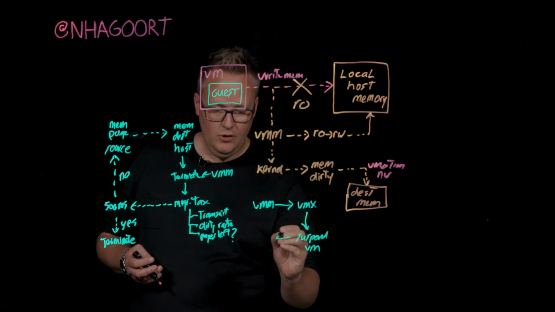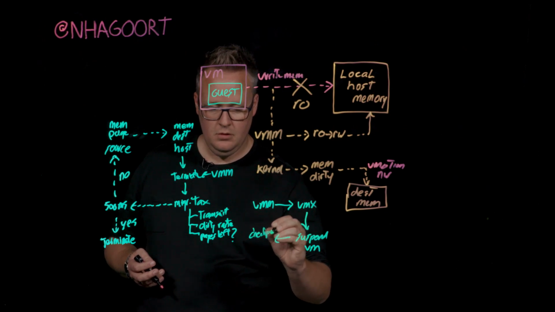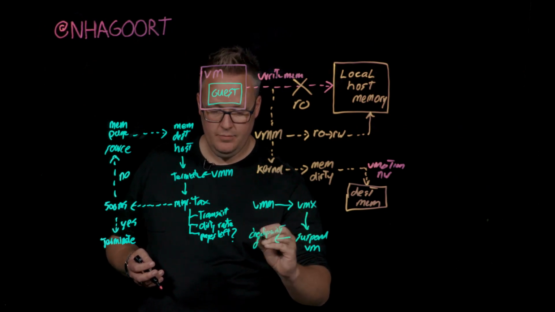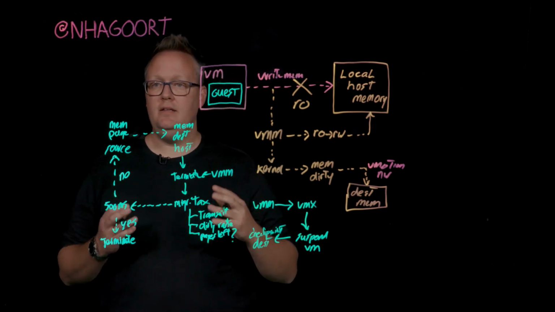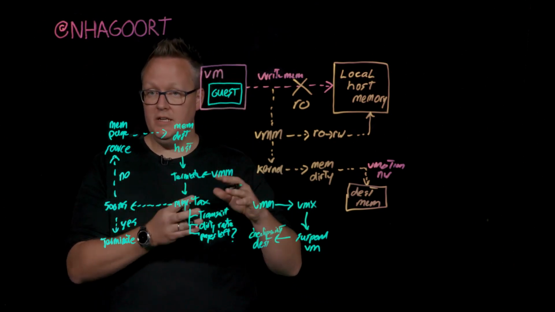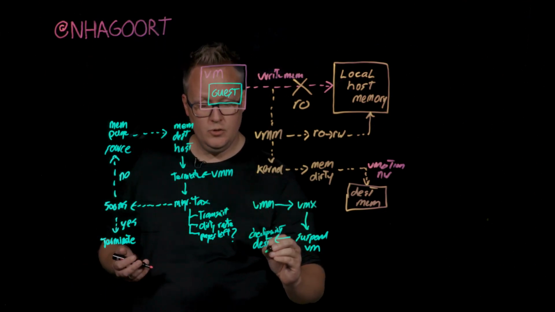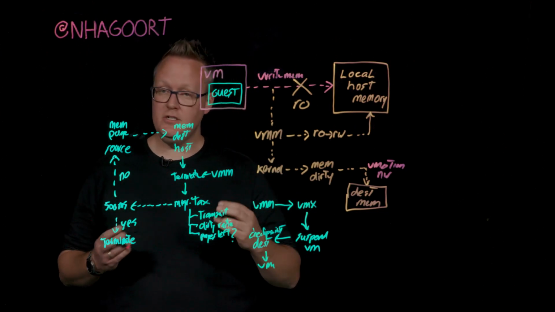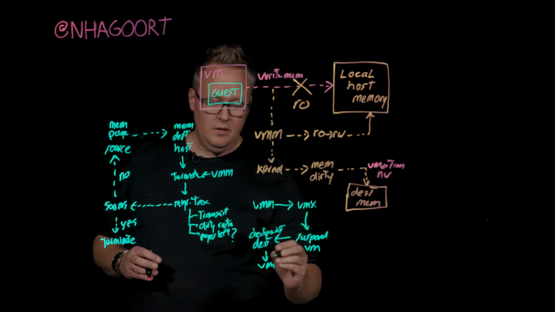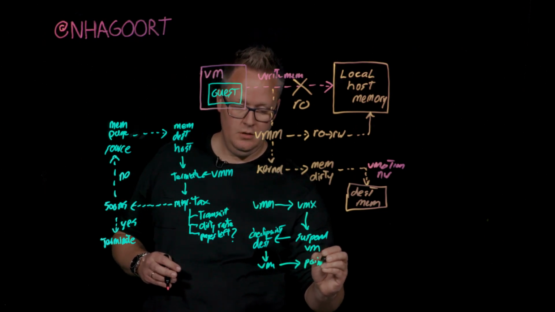It will then send over the checkpoint data to the destination host. And this is basically information that the destination ESXi host needs to boot the VM on the destination host. So when the VM is booted, it's pointed to the checkpoint data.